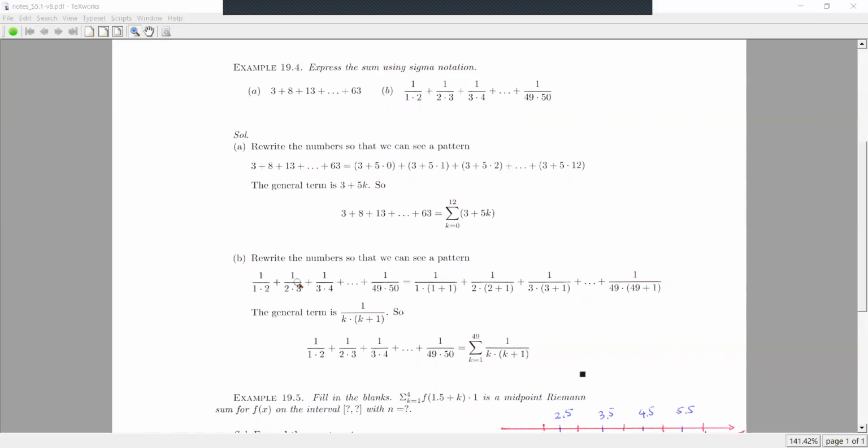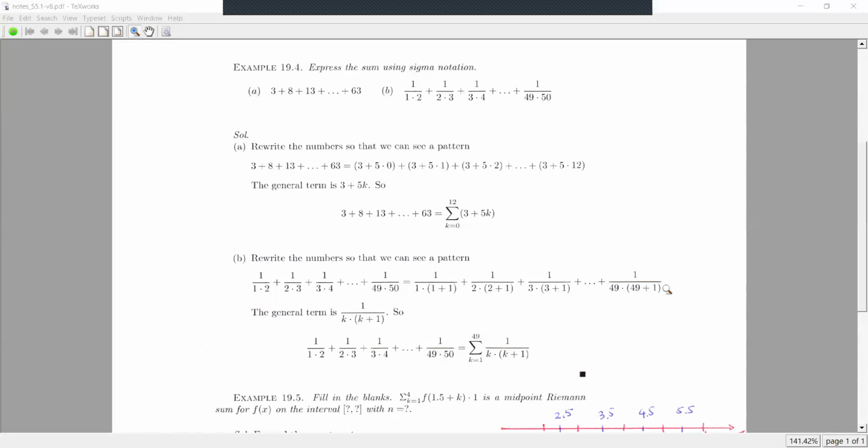Second term, let me write the number 3 as 2 plus 1. Third term, write the 4 as 3 plus 1, and so on. The last term, write 50 as 49 plus 1.